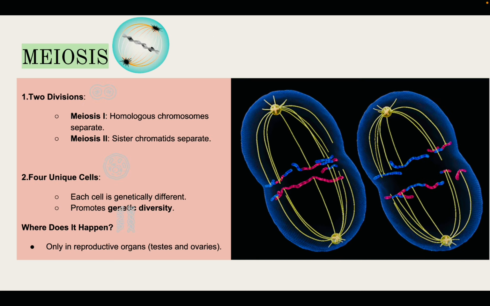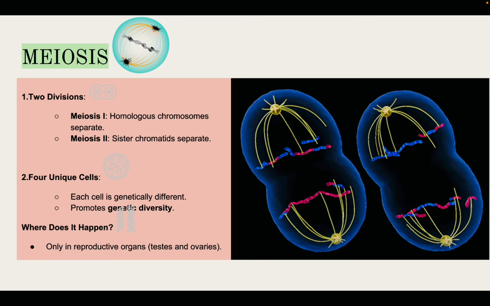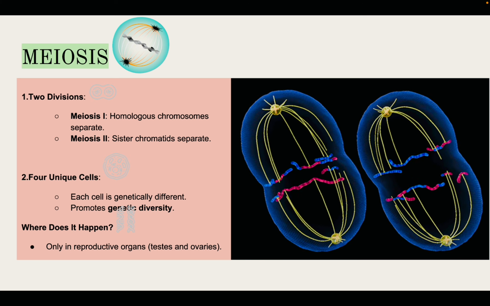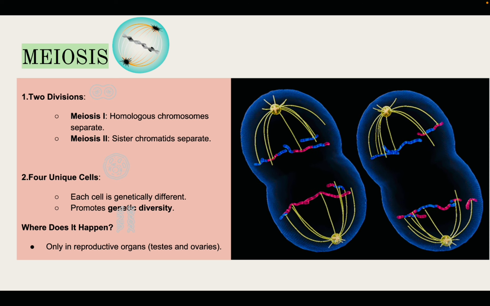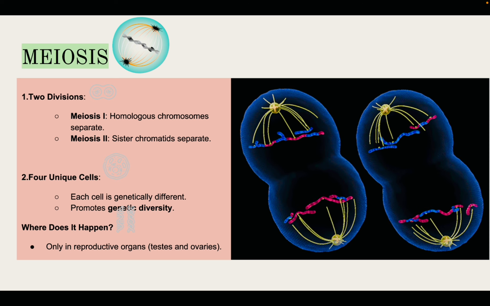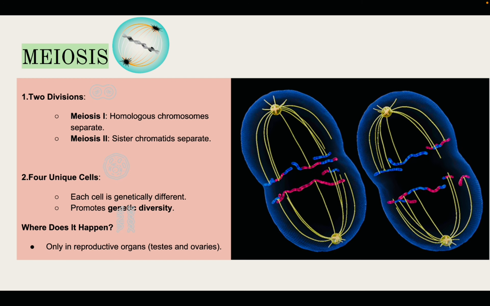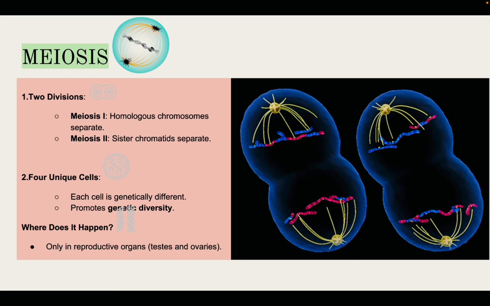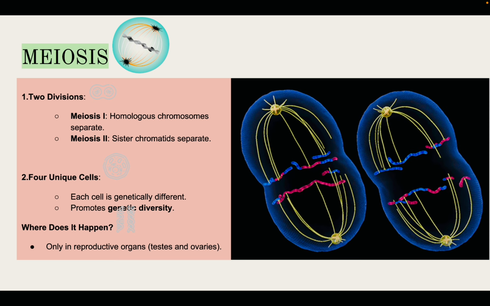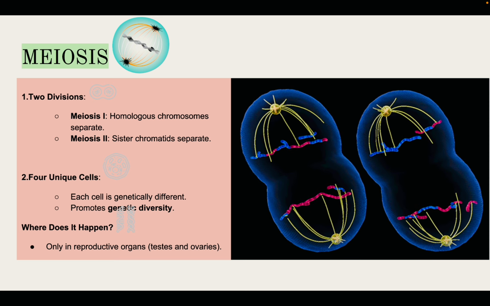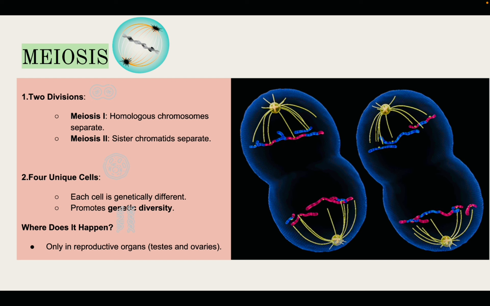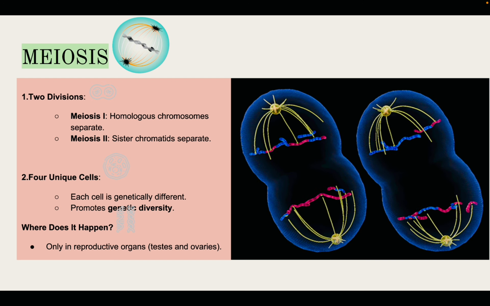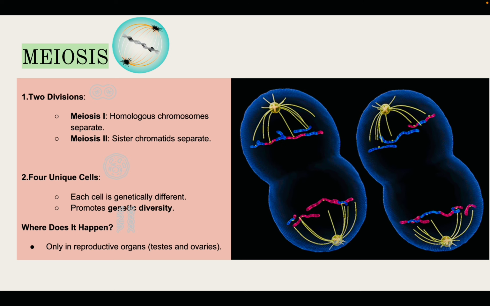And we're gonna go on to meiosis, and basically it's a little bit more complex than mitosis because it has two divisions. In meiosis 1, the chromosome pairs separate, and in meiosis 2, the sister chromatids separate, so it's kind of similar to mitosis.